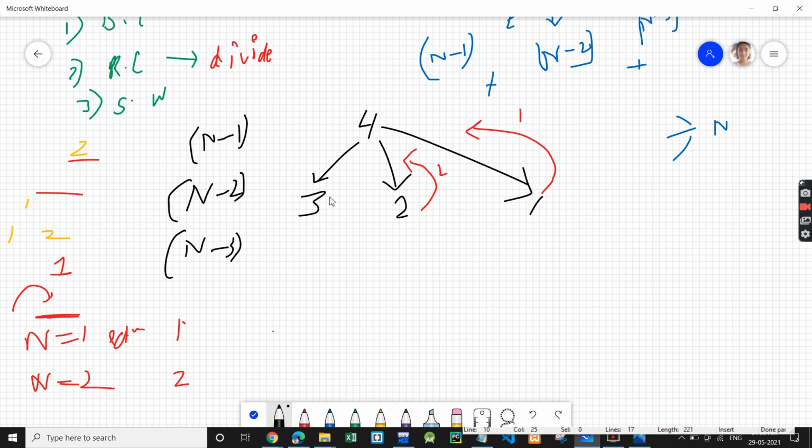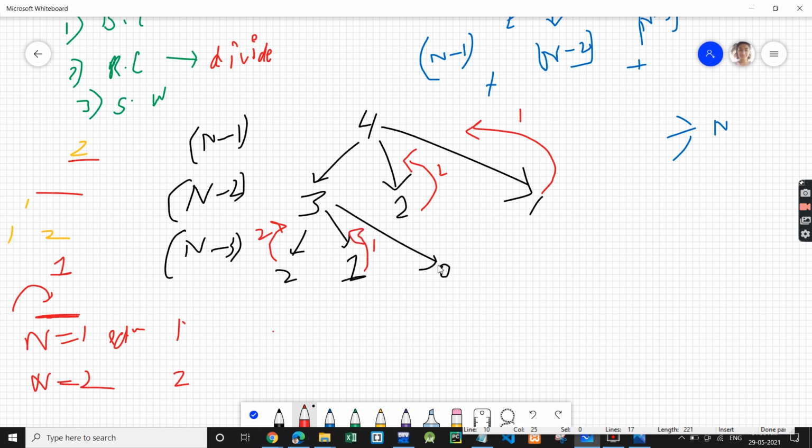Now let's expand 3. So for 3, we have to calculate ways to reach n minus 1th stair. So 3 minus 1 will be 2. 3 minus 2 will be 1. And 3 minus 3, for the number of stairs, will be 0. So we know that 2 will return 2, right? 1 will return 1.